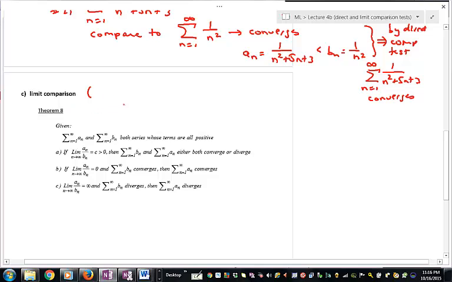We're going to compare the asymptotic terms in our series to the asymptotic terms in a series whose behavior we know. So here what we're really doing is comparing the asymptotic terms in our series with those of a series whose convergence we know about.